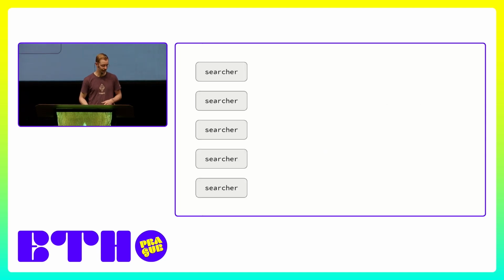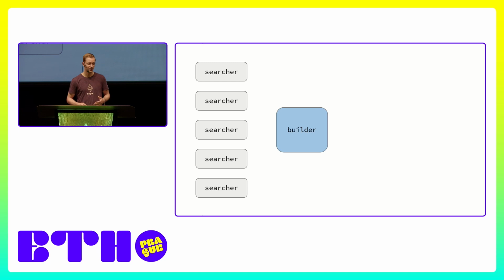So to recap, today we have these entities called searchers, and searchers are just people who are watching all of these public and private transaction flows that exist, looking for transactions that have some sort of value that they can extract. And once they find this value, they connect to a builder and bundle a transaction that they've created with the transaction that's vulnerable, and they submit these to the builders.